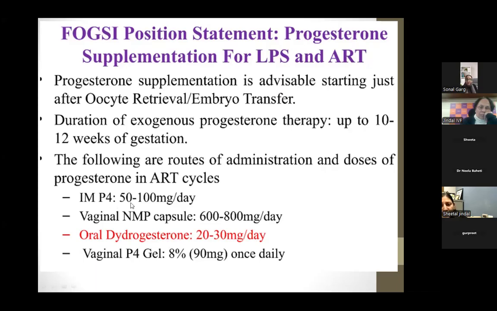You can either use intramuscular progesterone 50 to 100 milligrams per day, or vaginal capsule, natural micronized progesterone 600 to 800 milligrams per day. Oral dydrogesterone dose is 20 to 30 milligrams per day, or gel in the form of 90 milligrams, which can be used once daily. So we have this battery of choices, and depending on patient characteristics, we can choose any of them.